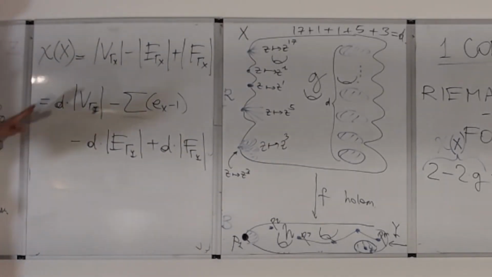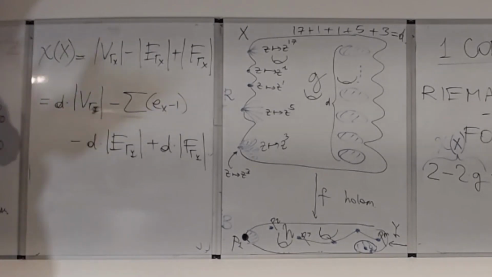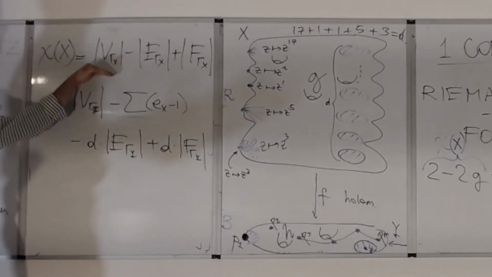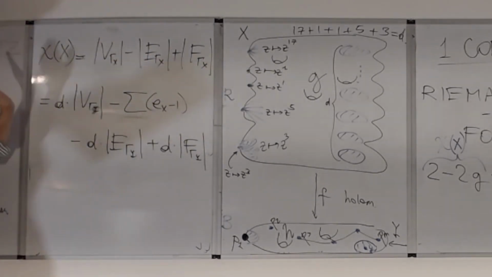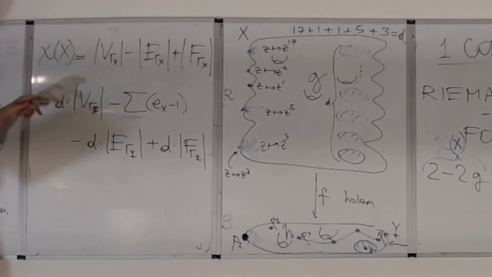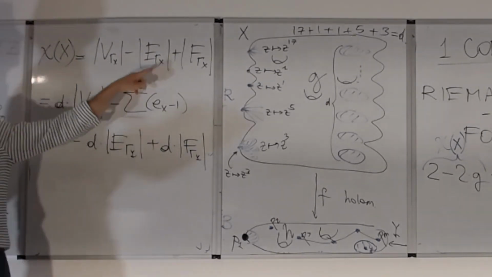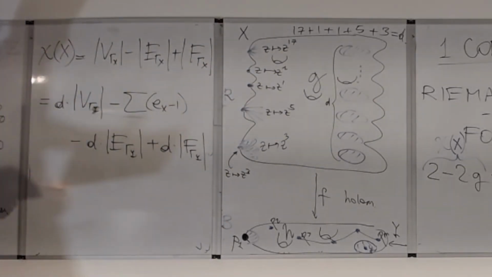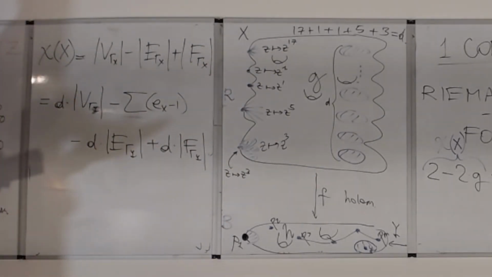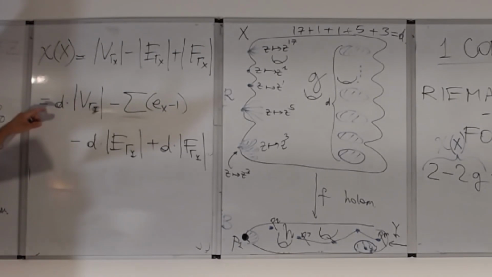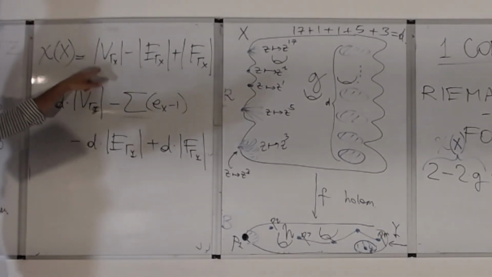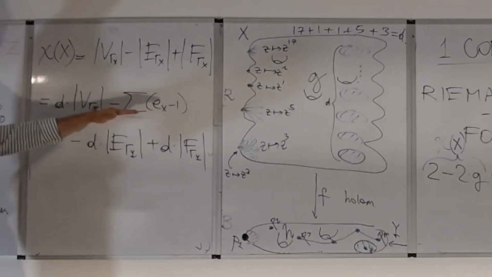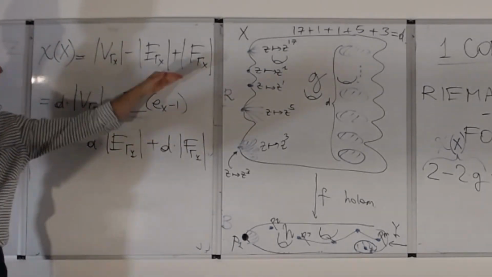So I'm claiming the following. We know that every time we draw a graph and we compute vertices minus edges plus faces, we're going to get the Euler characteristic, right? And now we just want to take each of these ingredients one by one, lift them upstairs and see what happens. And what happens is that if you take the vertices, you will get d times the images minus the defect, and with the other two, nothing interesting will happen.